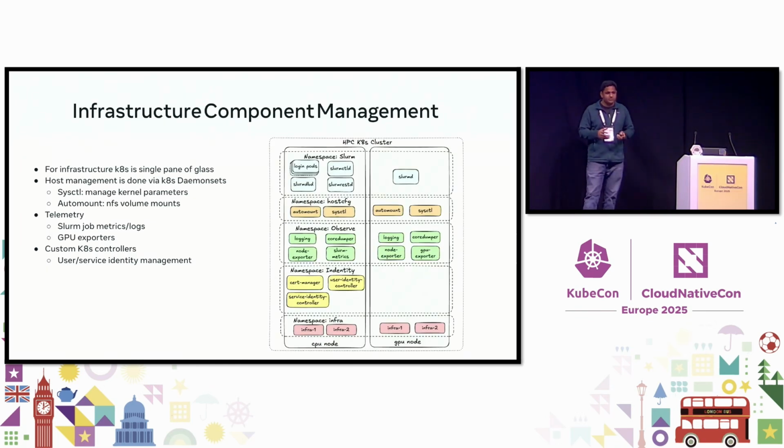Infrastructure component management also changed a lot. It became a lot easier. Now you can see here, we already talked about Slurm. We run a few more things on the cluster as Kubernetes daemon sets or deployments. As I mentioned earlier, we typically just use the cloud provider provided host images, and we don't like to maintain or deal with any customization at the host level.